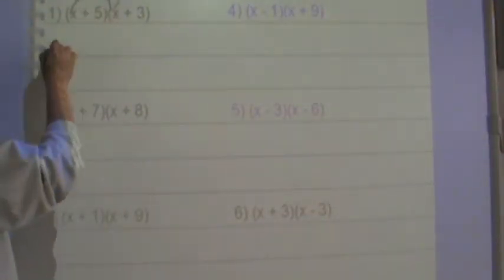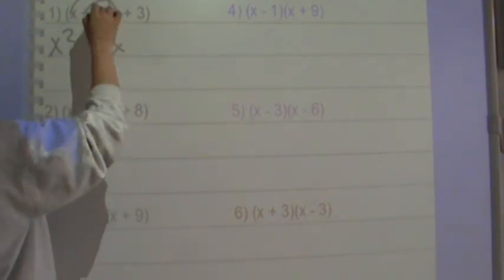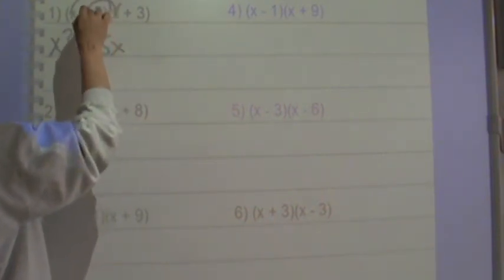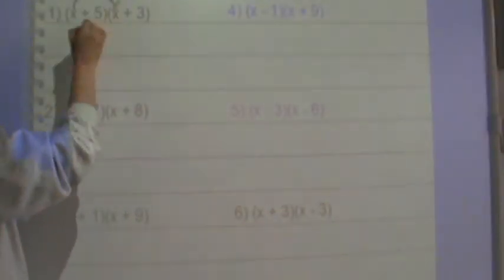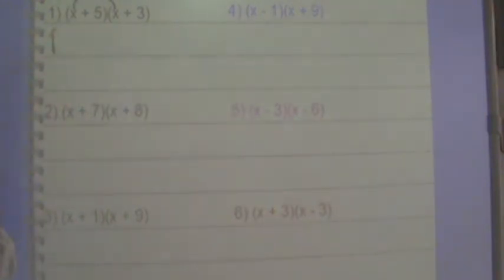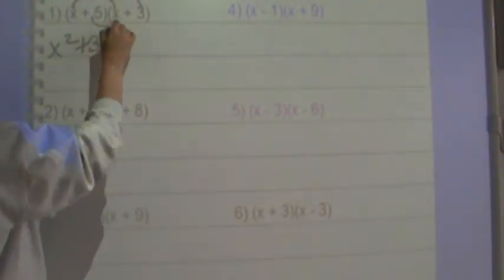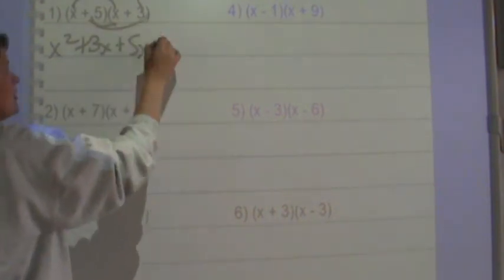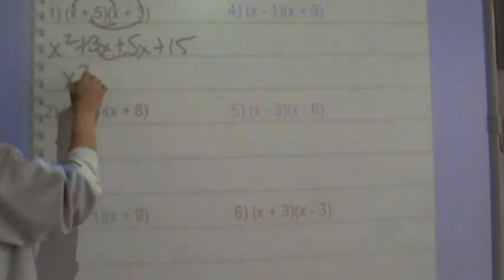So this would be x squared plus 5x. First, outer. I guess I didn't go in order. I'll just reset. So first, outer, inner, and last. And again, that's just to help you remember. If you don't want to go in that order, don't go in that order.